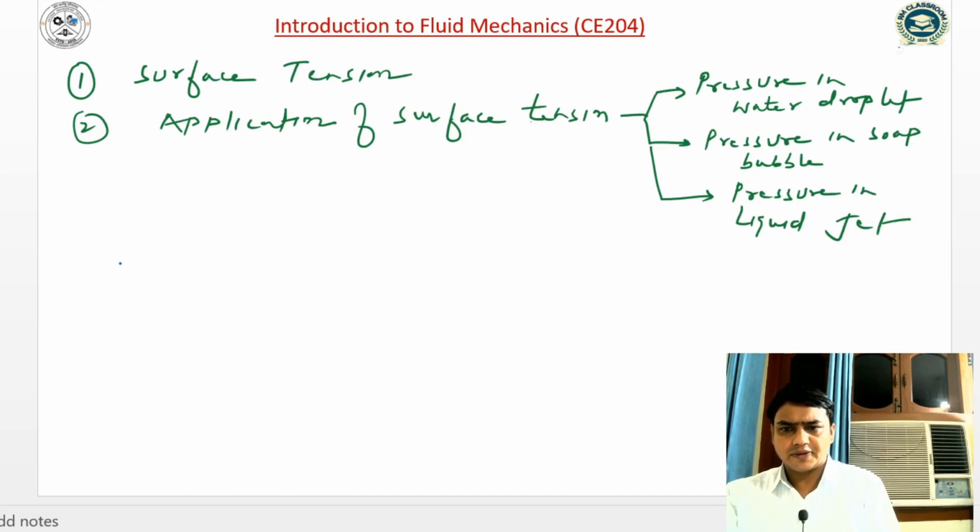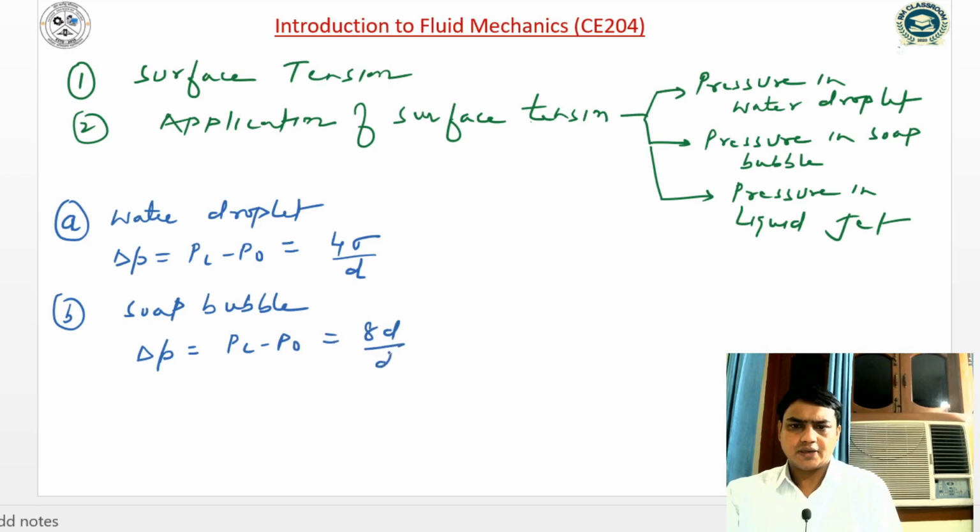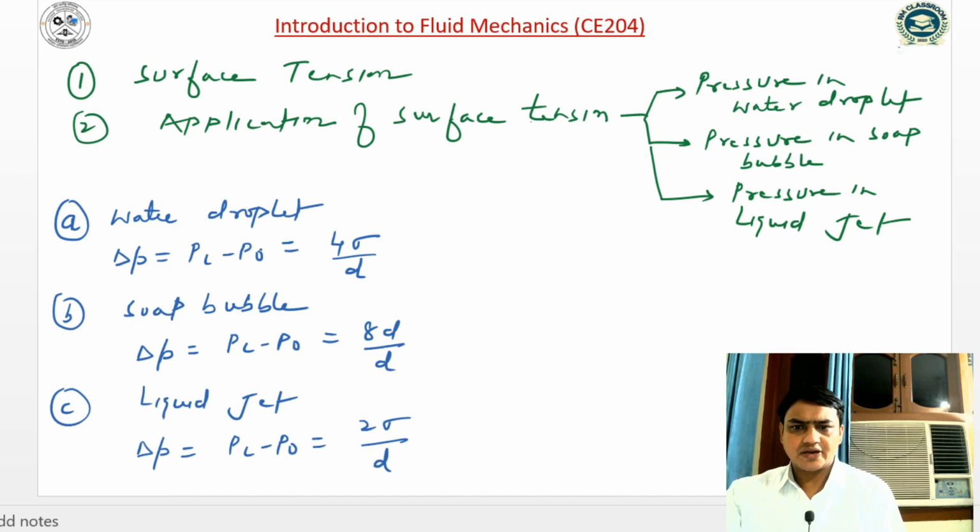So we have computed the change in pressure. In case of water droplet, delta P is equal to Pi minus P naught is equal to 4 sigma divided by D. In case of soap bubble, delta P is equal to Pi minus P naught is equal to 8 sigma divided by D. And in case of liquid jet, delta P is equal to Pi minus P naught is equal to 2 sigma by D, where Pi is the pressure inside and P naught is the outside pressure, delta P is the change in pressure, sigma is the surface tension, and D is the diameter.